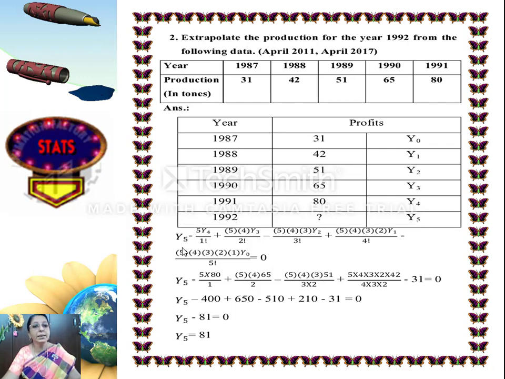So our formula starts with plus y5, then minus 5y4 by 1 factorial, then plus 5 into 4 y3 by 2 factorial, again minus 5 into 4 into 3 y2 by 3 factorial, and so on. Substituting the values, we find the value of y5, which is 81.